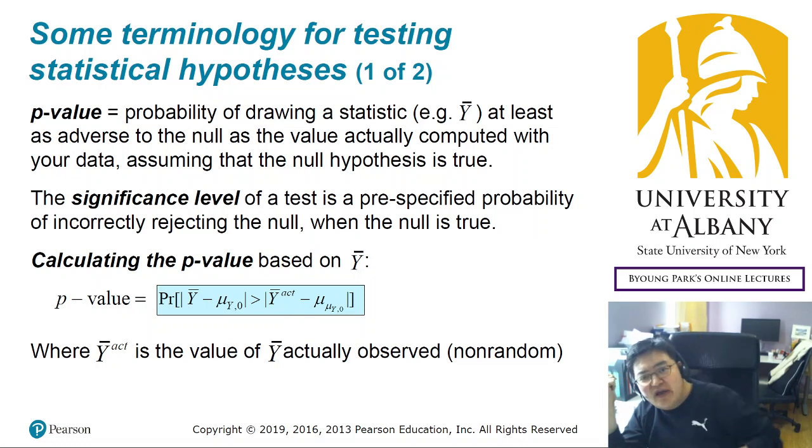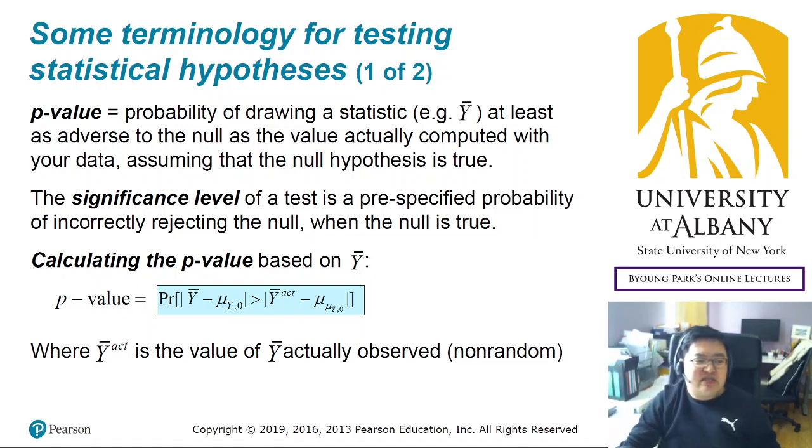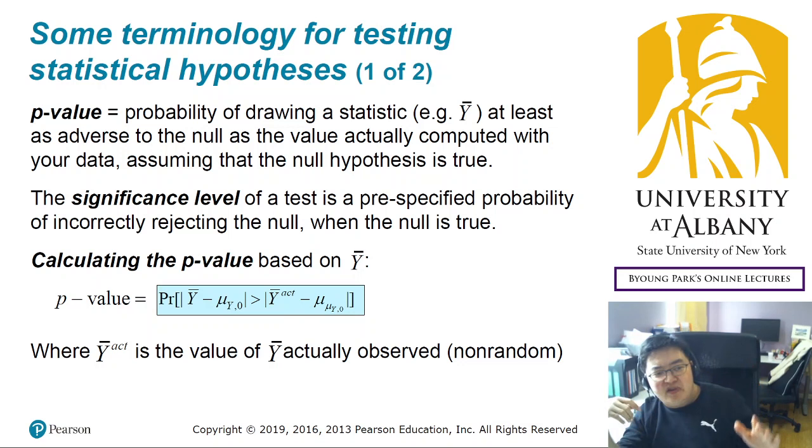So we have to cut at some probability threshold. That's the significance level. The significance level is a pre-specified probability. For example, if you set the bar at 1%, and the probability of observing 99 heads and 1 tails is lower than 1%, then I cannot believe this, right?